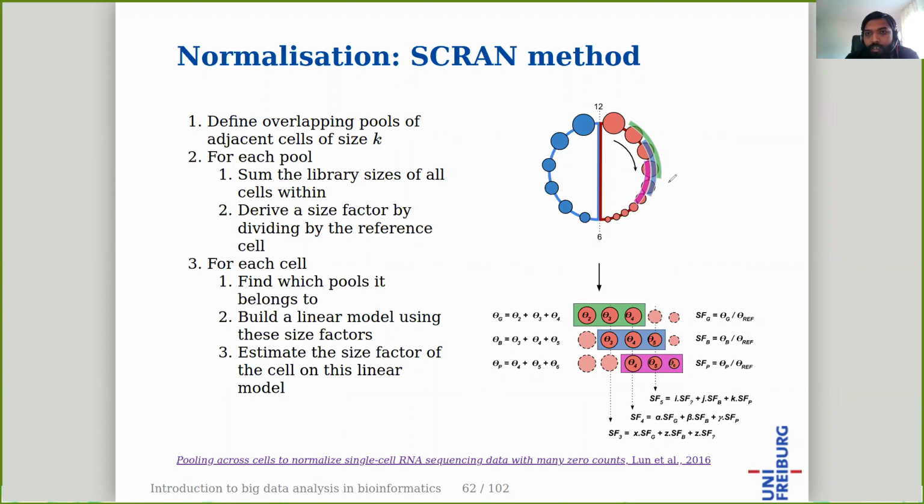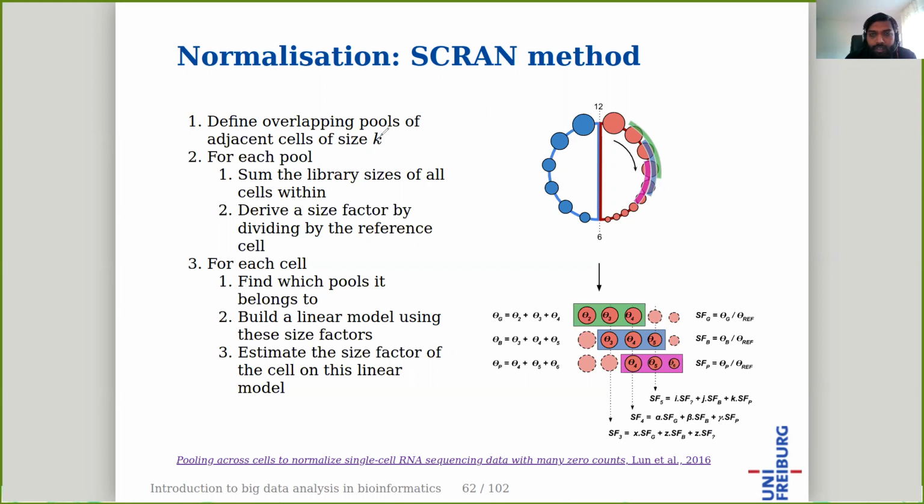This green one is a pool of 3 cells. And there's another one here, a blue one, which is again 3 cells. So our K is 3. We choose a windowed approach, so we move our window 1 cell at a time. Our window moves from green to the next cell, blue, and to the next cell, red, and so on.